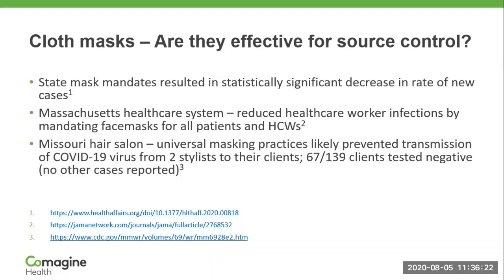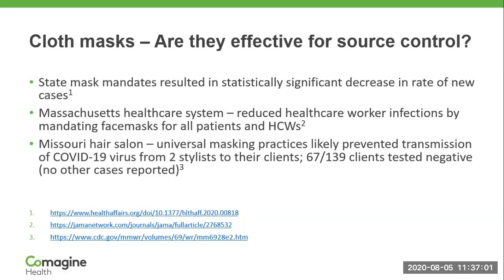Stylist A became symptomatic and continued to work, and stylist B contracted it, likely from him or her. Between them, they had 139 clients that were likely treated while they were shedding virus, and 67 were tested. They were all negative, and they followed symptoms on the rest of them, and no other cases were ever reported. So that's a really nice little study of universal masking practice.